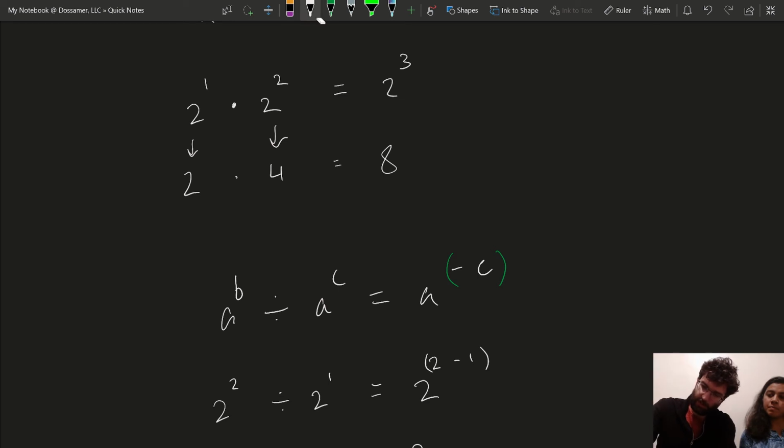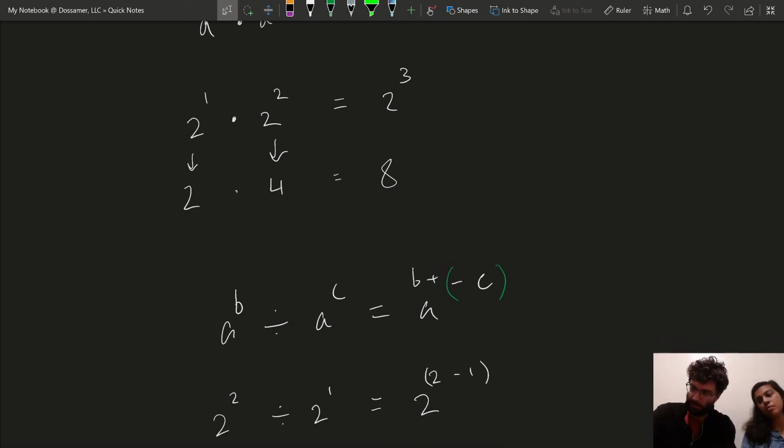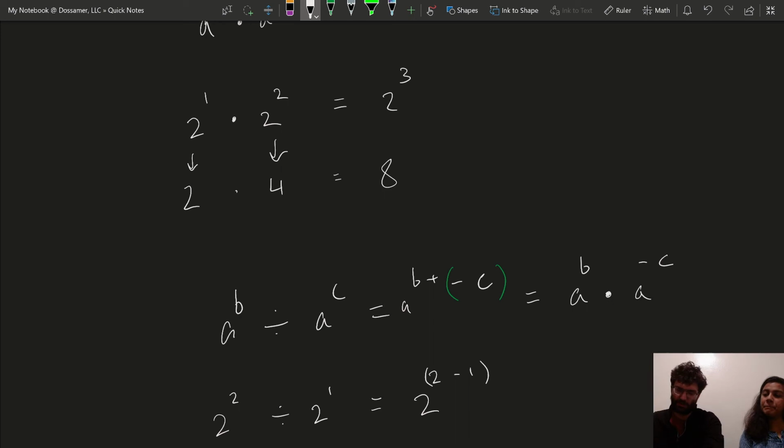But here's where things get fun. Because of that relationship between multiplication and subtraction being kind of interchangeable depending on the way you notate, we can actually put some parentheses around the negative and the c together, in the sense that we're separating it. It's going to be b plus negative c.